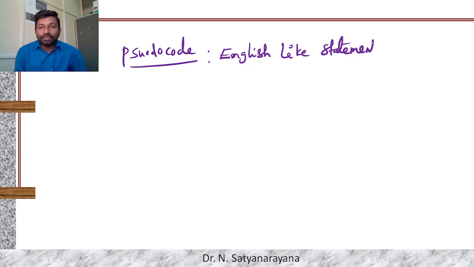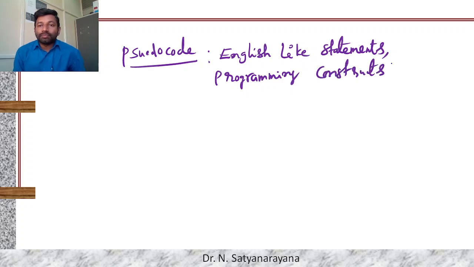English is an internationally accepted language, so everybody can understand. And one more thing is, you are expected to write some programming constructs. For example, addition of two numbers. If it is pseudocode, let it be like this. So we start.